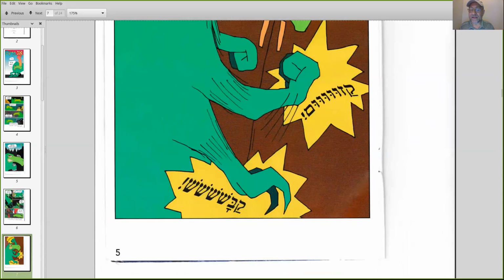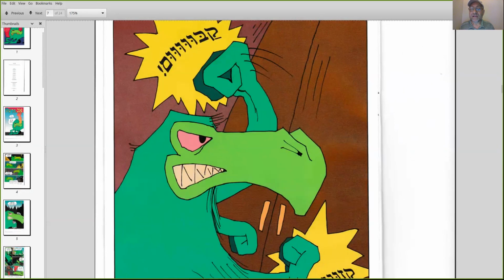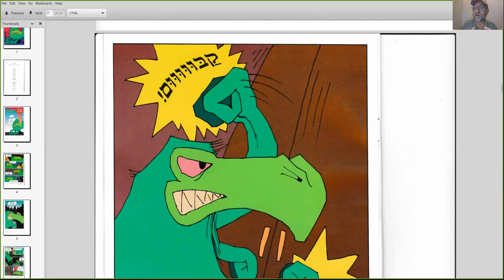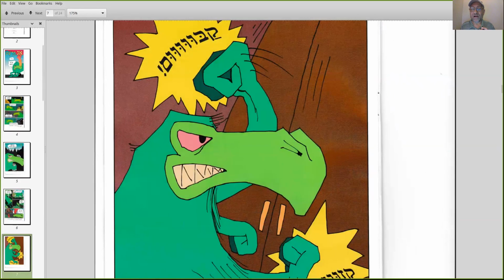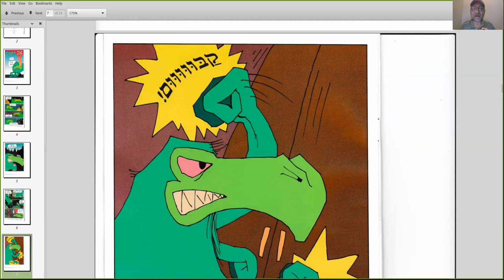Okay. All right. Let's move on down and see what else Og is up to. Well, this is a pretty easy one here because this is another one of those sound effects. So here he is. He's banging on the door of the house of prayer. Here it is. And in order to sound these out, let's see what we've got here.